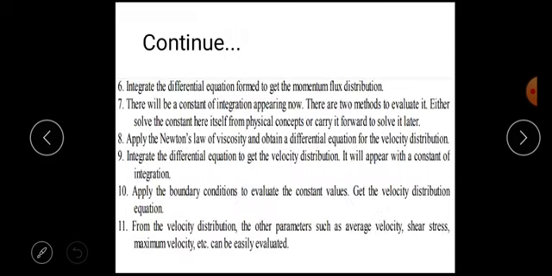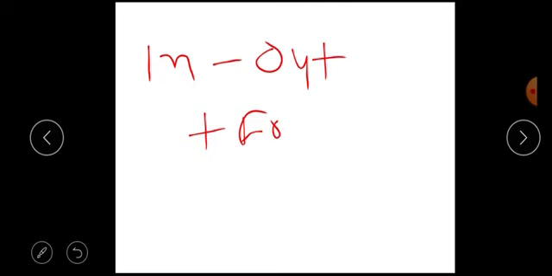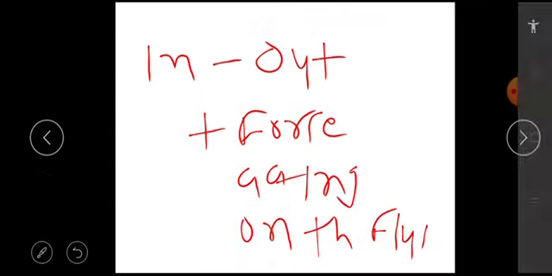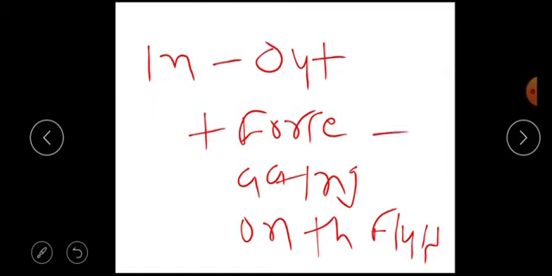So the equation of the momentum balance is rate of momentum in minus rate of momentum out plus force acting on the fluid is equal to accumulation.